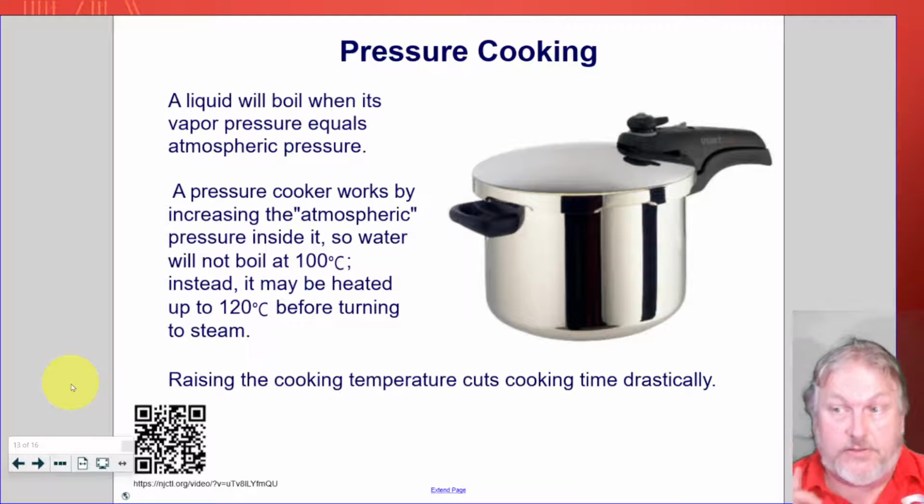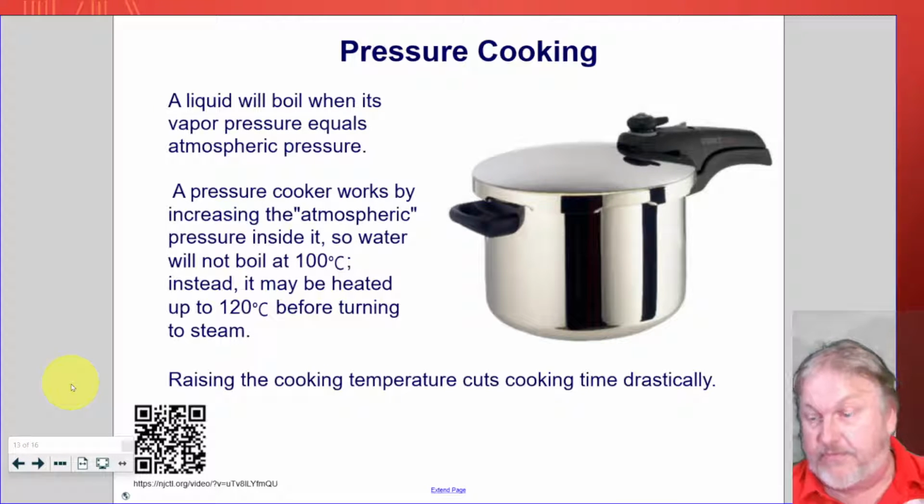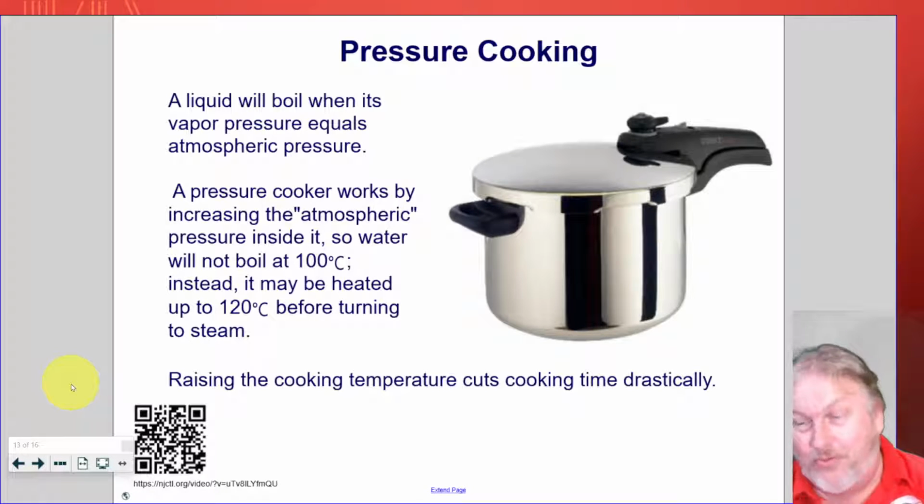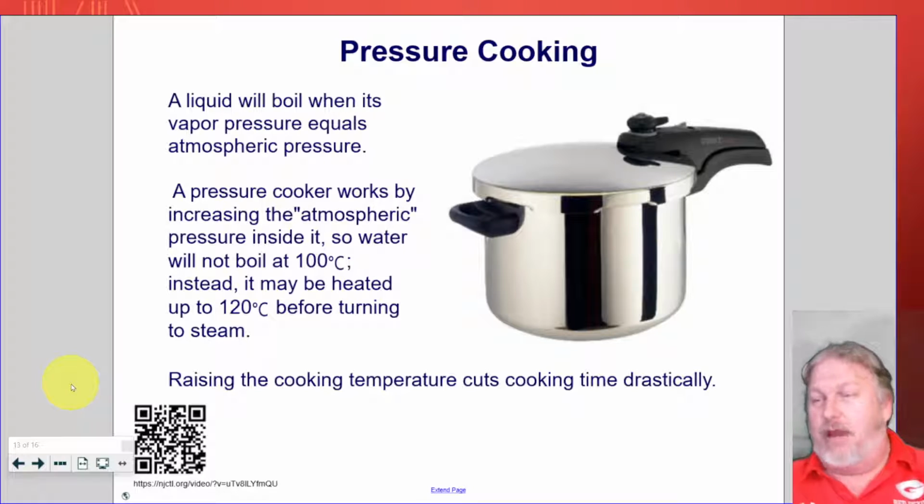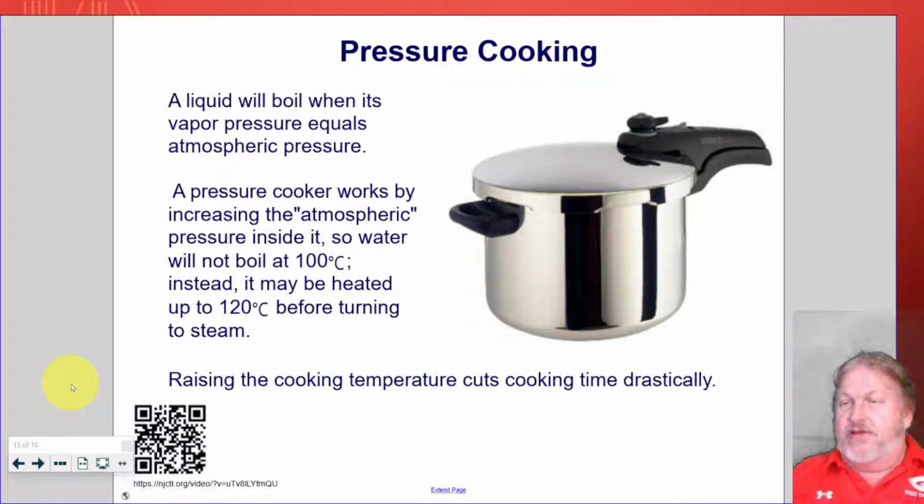So, some of your parents may have got something cool for Christmas. They might have got an Instapot. Magical, brand new technology. No, it's not. My grandmother used to have something like this. It was a pressure cooker, because a liquid will boil when the vapor pressure, remember that's what boiling is, equals the atmospheric pressure.